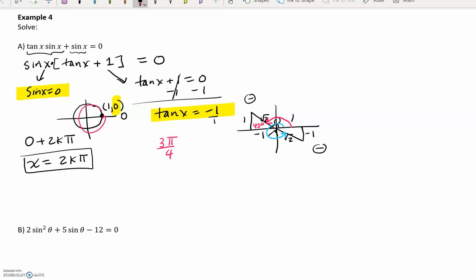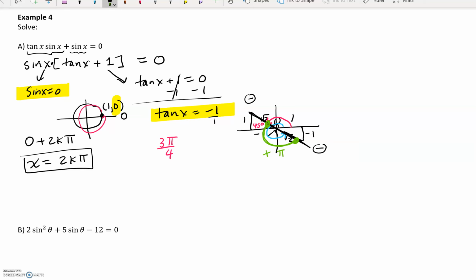And since the other angle in blue, remember, like we said in class, is right across from that 3 pi over 4 in red, it's just pi away. Since they're right across from each other, if I add pi, I'm going to pick up the blue angle anyway.